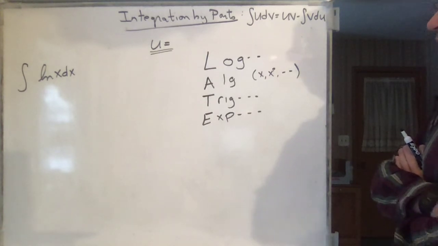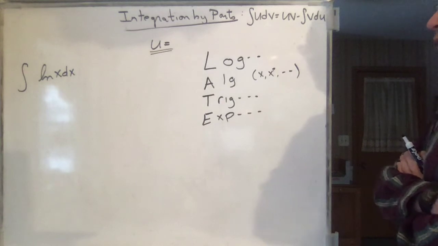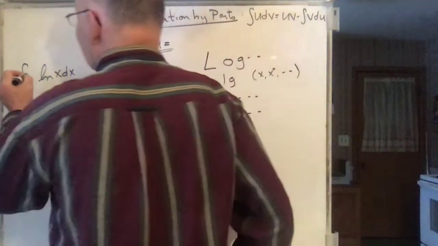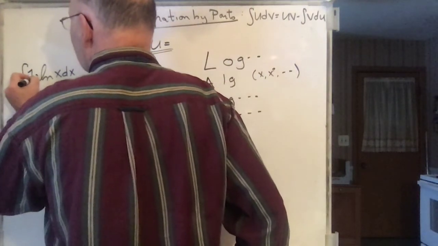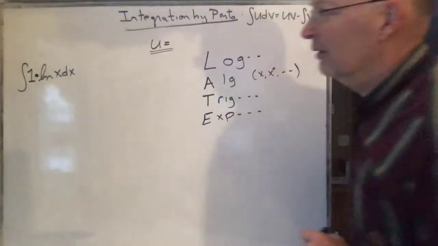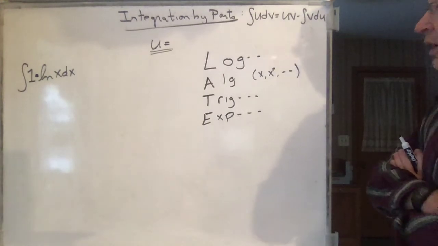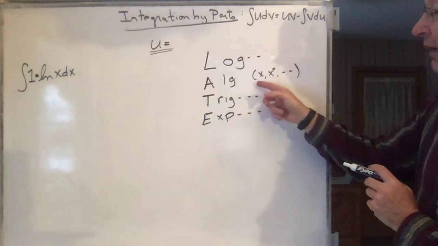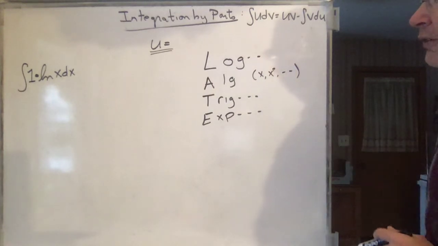And so you look at that a little while, and then you have a little stroke of genius, and you say, wait a second, I can put in a second function. I can just put in the function 1. 1 times that. Agreed? 1 times that works. And now 1 is an algebraic.